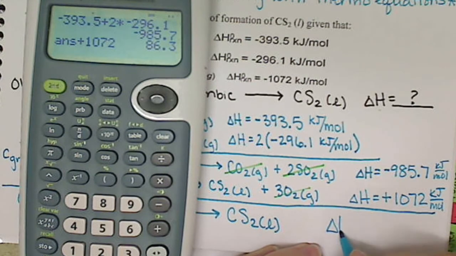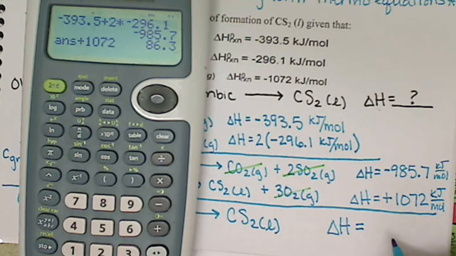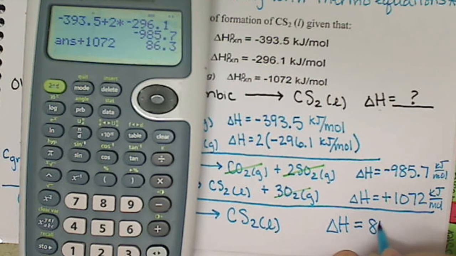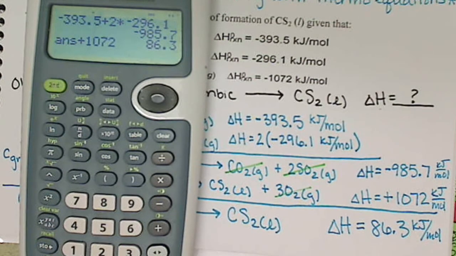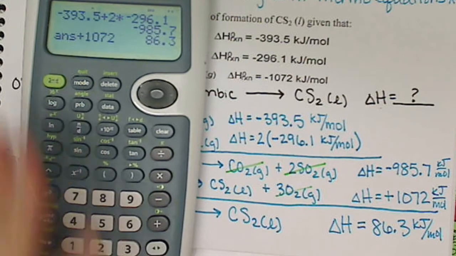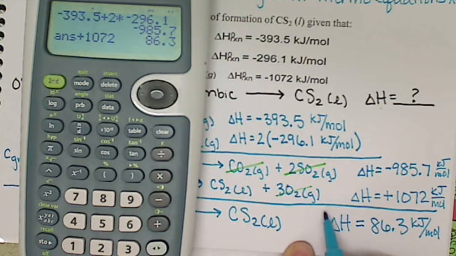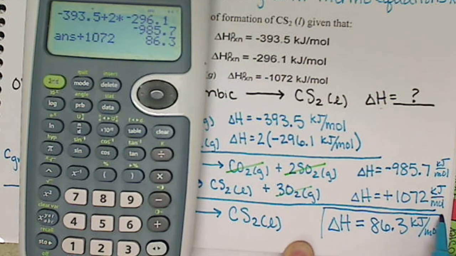My delta H then for this reaction is 86.3 kilojoules per mole. My final answer.